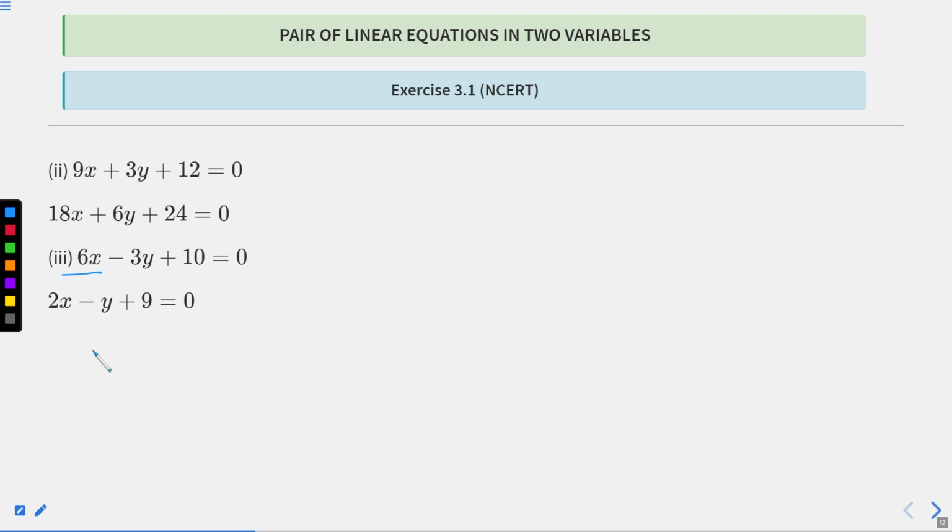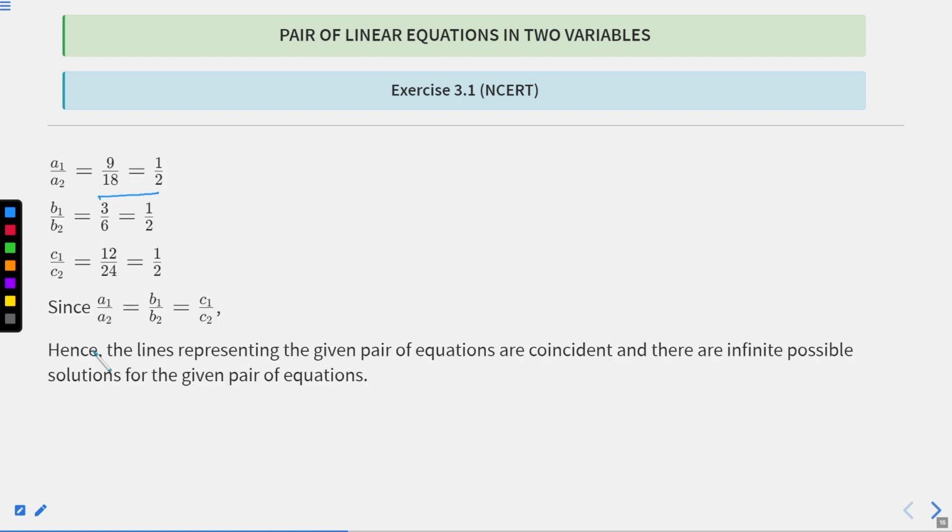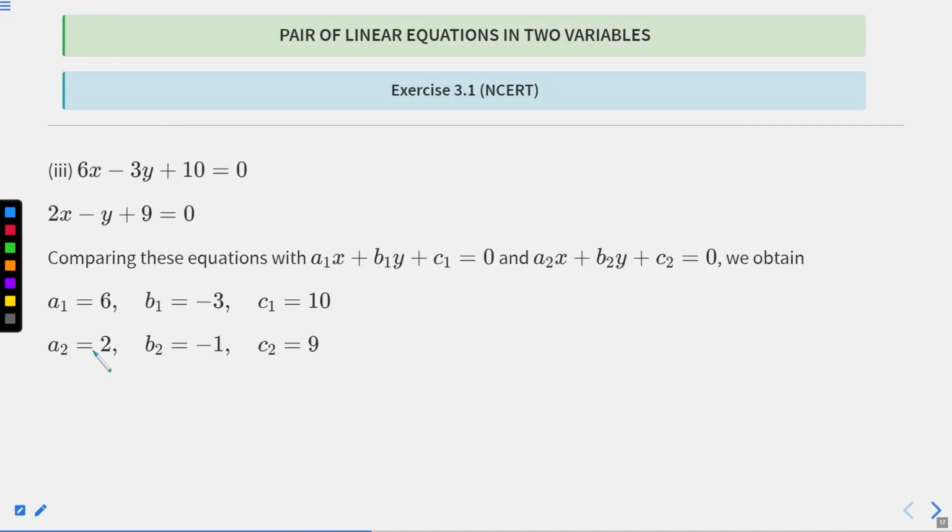Comparing these equations with a1x plus b1y plus c1 is equal to 0 and a2x plus b2y plus c2 is equal to 0, we obtain a1 is 6, b1 is minus 3, and c1 is equal to 10. And a2 is equal to 2, b2 is equal to minus 1, and c2 is equal to 9.